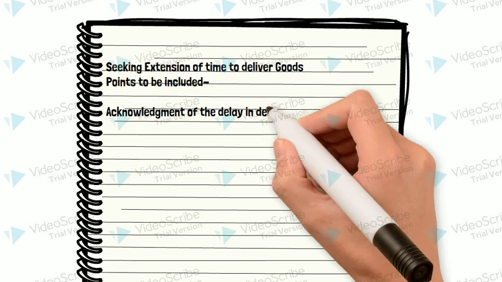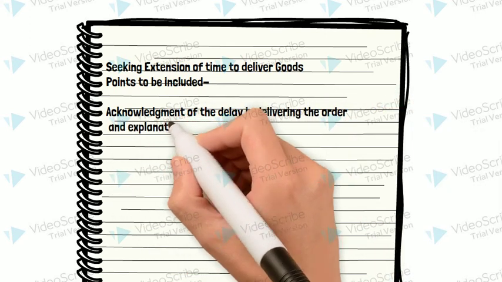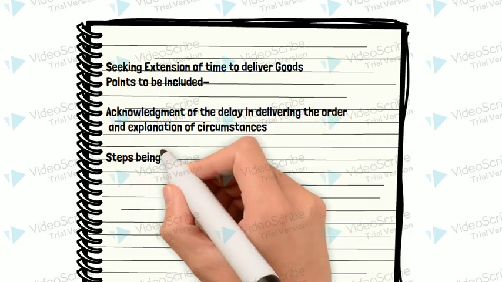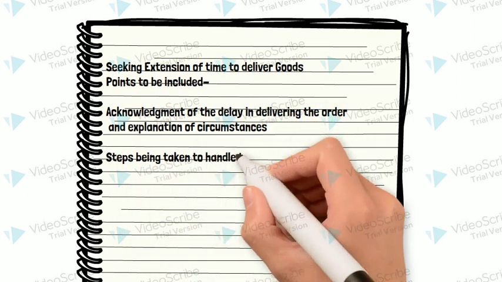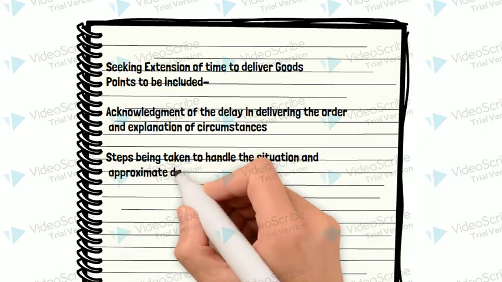I'm going to be sharing some value points regarding seeking extension of time to deliver the goods. This includes acknowledgement of the delay in delivering the order and explanation of circumstances. The steps being taken to handle the situation and the approximate date by which normal conditions will be restored.